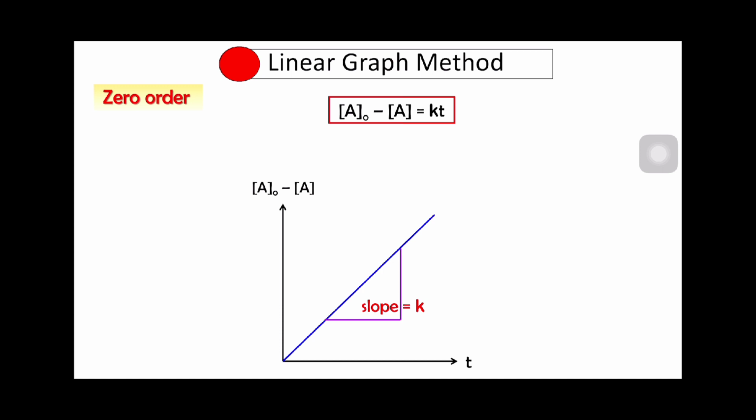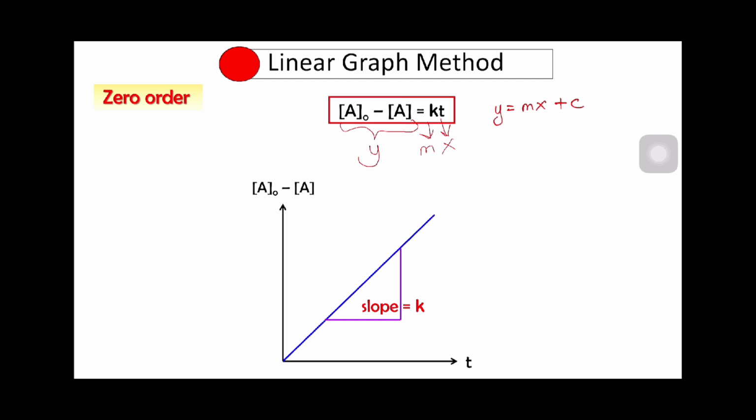The next method is the linear graph method. For the linear graph method, we have to compare the integrated rate equation with y = mx + c. So, from this zero order formula, [A]0 minus [A] is the value of y, k is the value of m, while t, time, is the value of x.